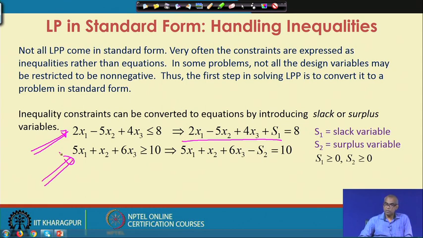So, I introduce a surplus variable S2 and rewrite the constraint as 5x1 plus x2 plus 6x3 minus S2 equal to 10. Note that both S1 and S2 must be non-negative. So, S1 greater or equal to 0, S2 greater or equal to 0. So, by introducing two non-negative slack or surplus variables, it is possible for me to convert an inequality constraint to an equality constraint.